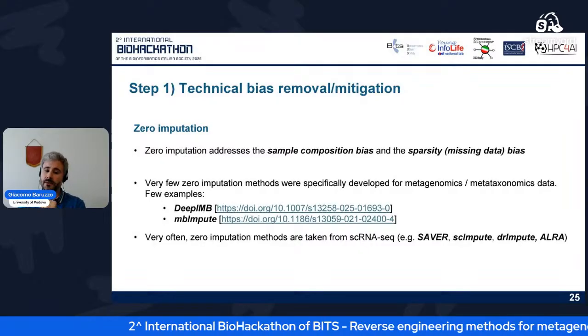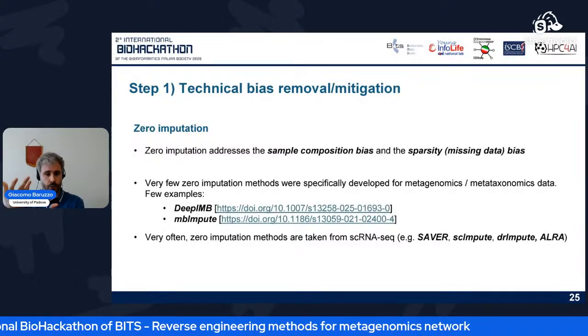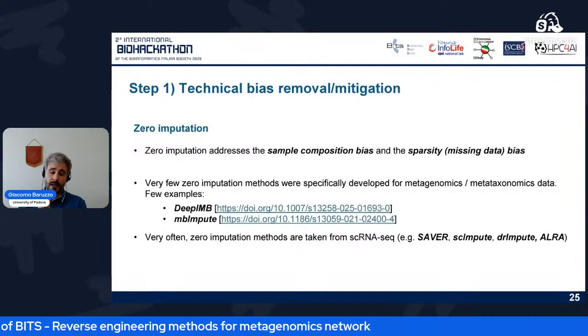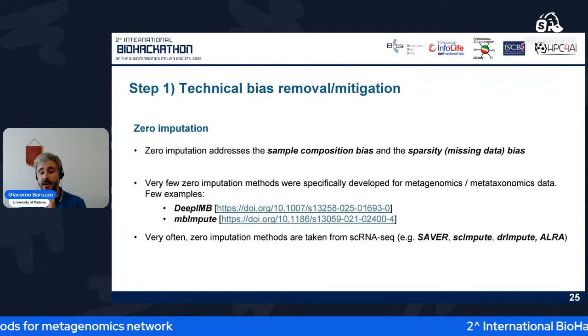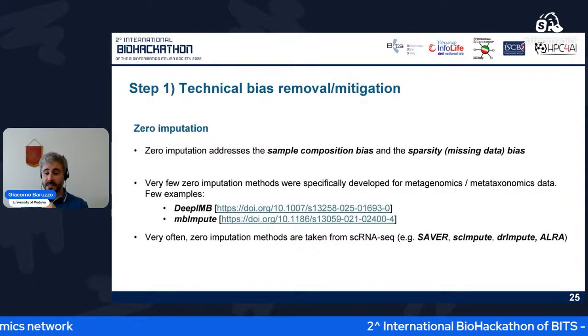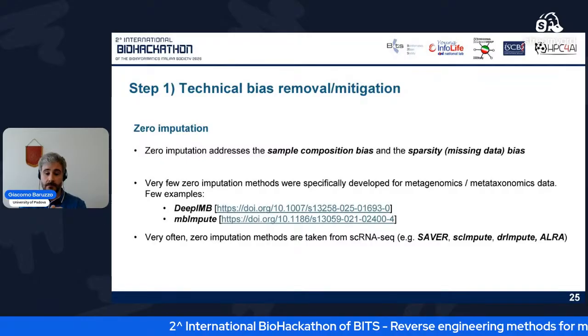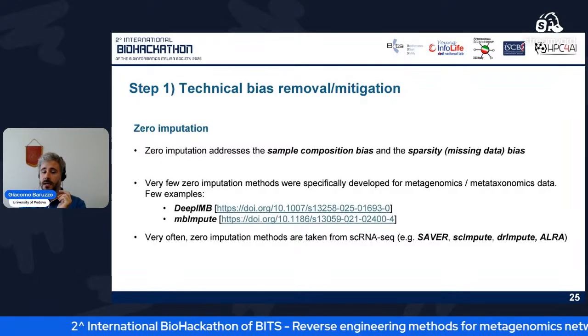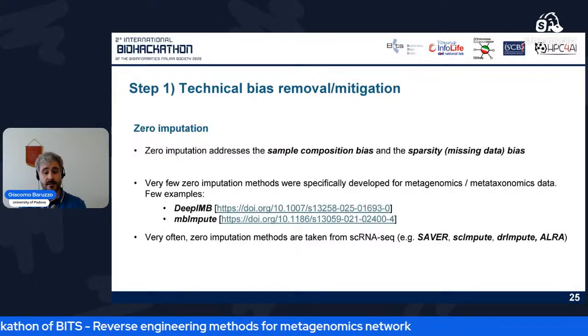And when you spot a technical zero, you impute the right value that you should observe if you had not missed those reads for that taxon. Even in this field, there are very few methods specifically developed for 16S data. A couple of examples are deep IMB and impute. And even here, most of the methods are just taken from other omics sciences, again, very often from single-cell RNA-seq.